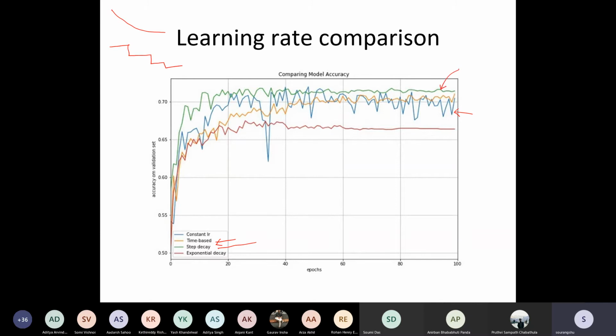Here it is showing better, but these perform very similarly, time-based and step decay, and the step decay is also more difficult to tune, like how should you decay and all that. And this one is exponential decay, and you can see that it clearly converges prematurely, to a lower value. Okay, so yeah.